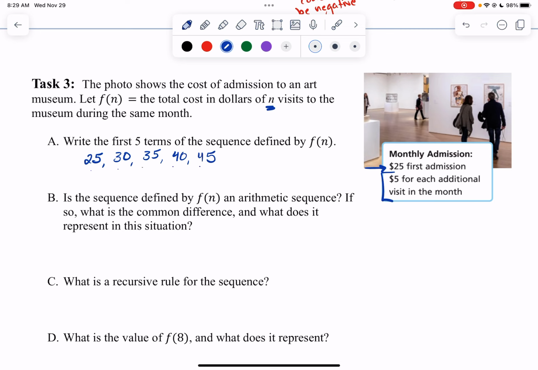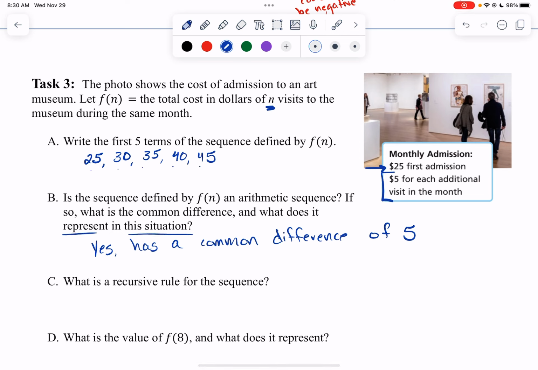Is it an arithmetic sequence? Yes. It has a common difference of 5. It goes up by 5 each time. If so, what is the common difference and what does it represent in this situation? Yes, it has a common difference of 5. What does it represent in this situation?